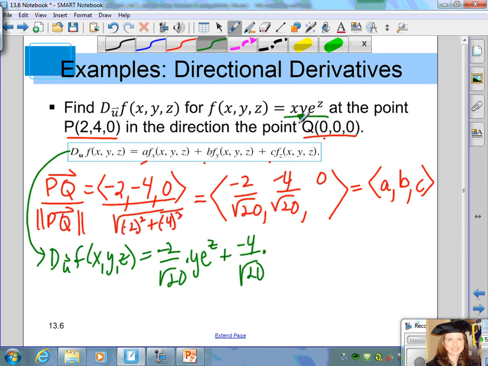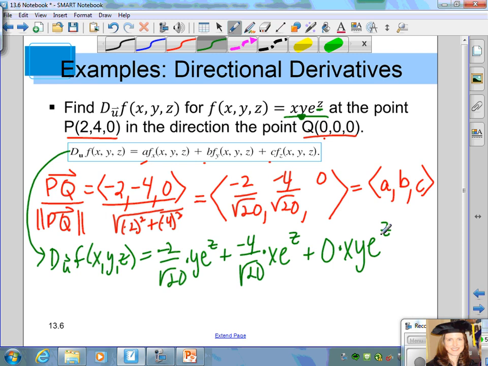You treat y as a variable and x and z as constants, and that partial derivative is x e to the z, plus our third component, our c, is 0 times the partial derivative of this with respect to z, and that partial derivative would be x y e to the z. So this would be our directional derivative.